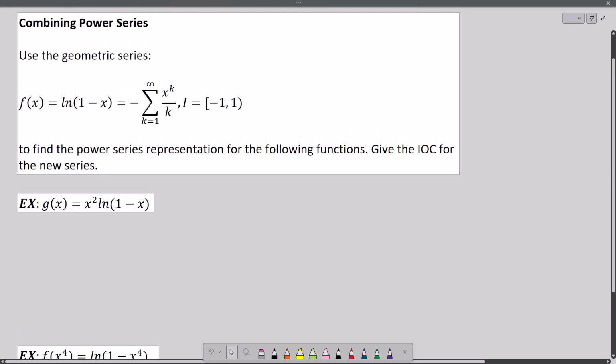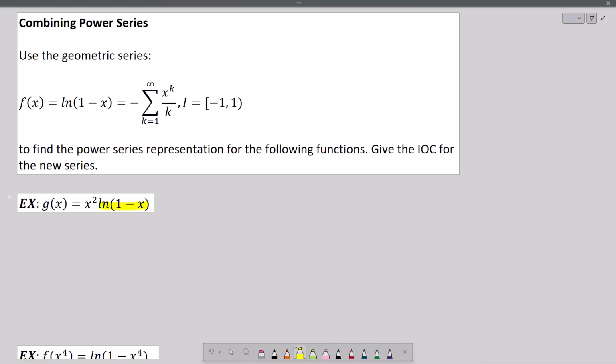Let's try another one here. We've got a power series given to us for that expression. What are we doing to create the function g? Multiplying by a power of x, x squared in particular.